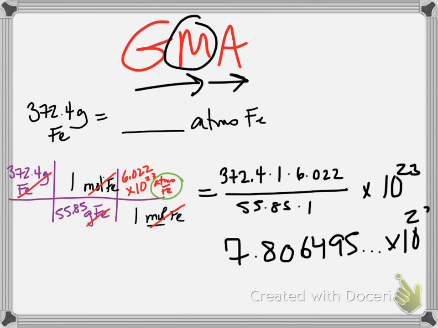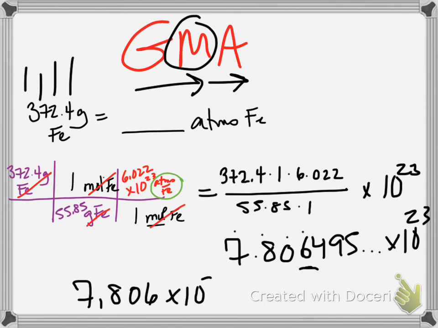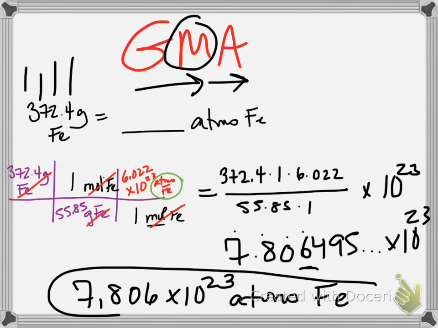I don't have to move decimals, which is always welcome news. How many sig figs do I get? 1, 2, 3, 4. I get 4 sig figs here. So I can go out to here. Final answer, 7.806 times 10 to the 23rd atoms of iron.